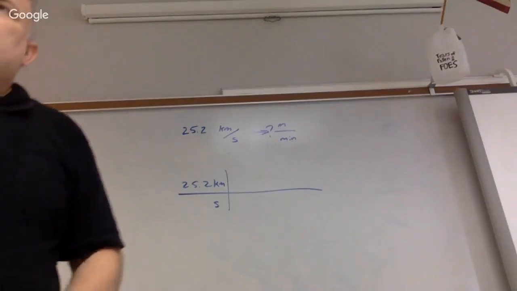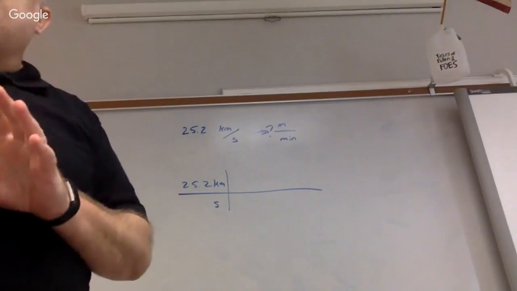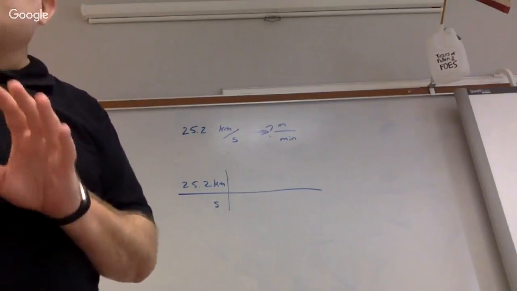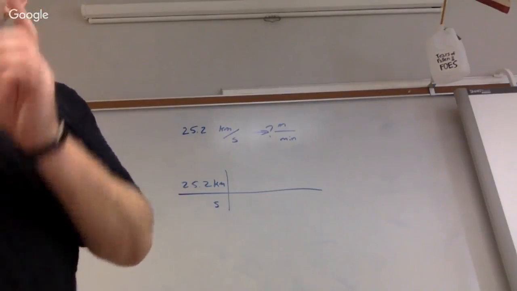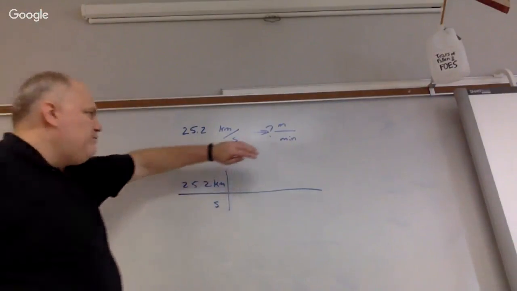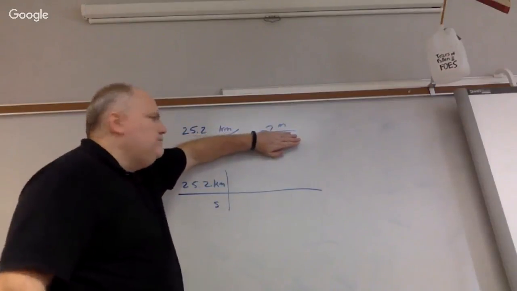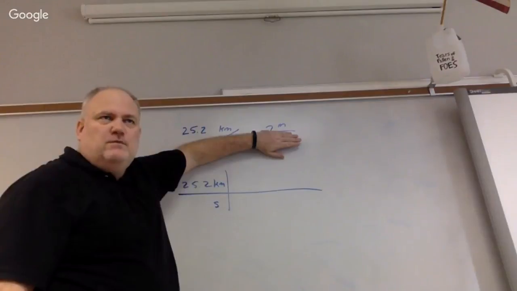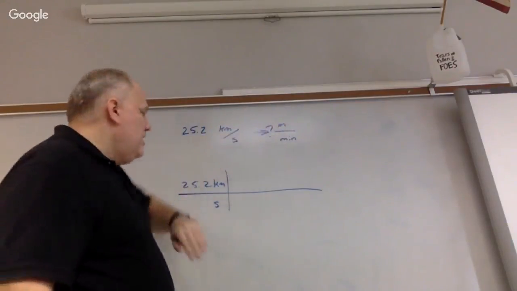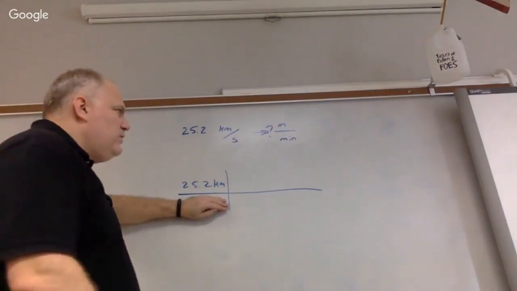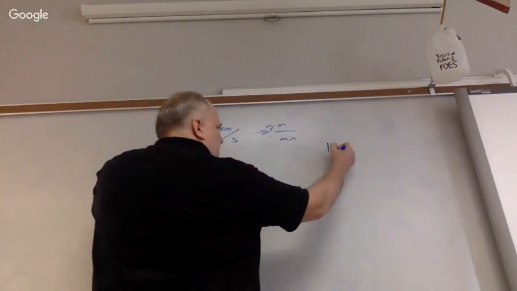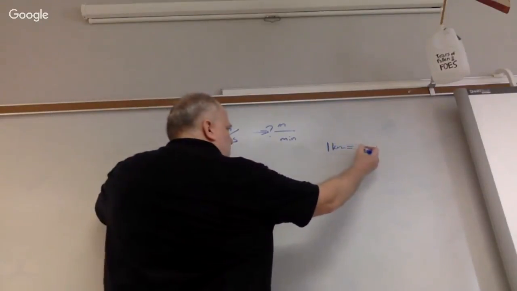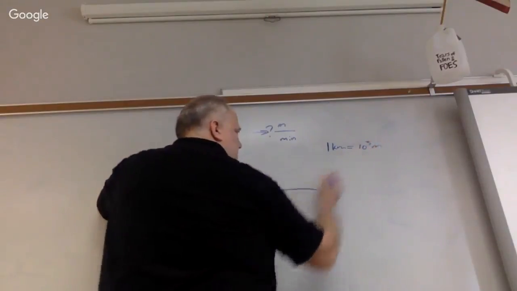Now, here's where you can make these problems brutal, or you can make them really, really straightforward. Let's try the really straightforward way. Ready? If I were to give you this problem right here, and we ignored the bottom completely, could you convert between kilometers and meters? Yes, sir. Yes. So let's do that, okay? Ignoring the bottom, wouldn't I have to use the expression 1 kilometer is equal to 10 to the 3rd meters?